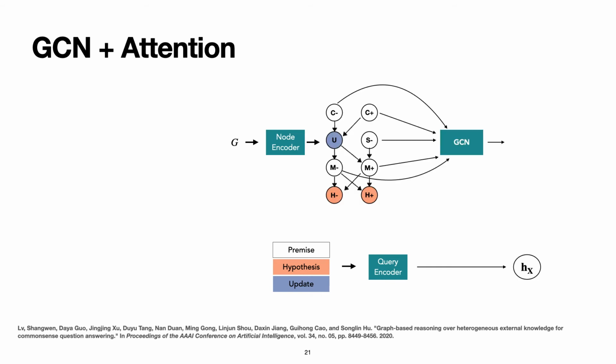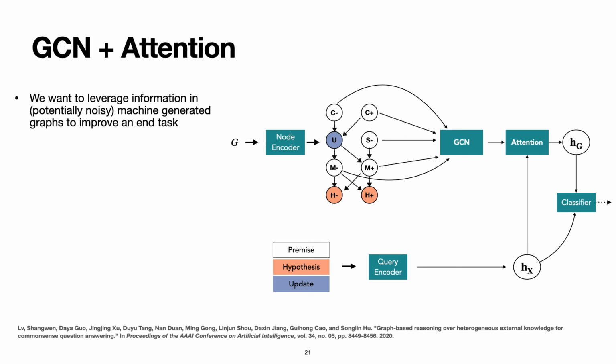Then each node of the graph is encoded using the same encoder, and then we run GCN over the nodes. The encoded query is used as the key to run attention over the nodes of the graph after they've been through GCN to pool the node representations into a graph representation. And both the query and the graph representations are added and sent to the classifier.